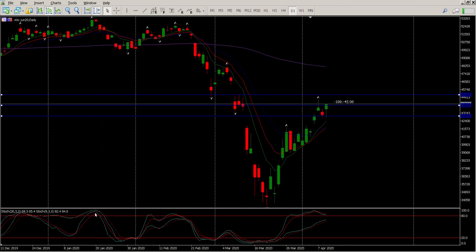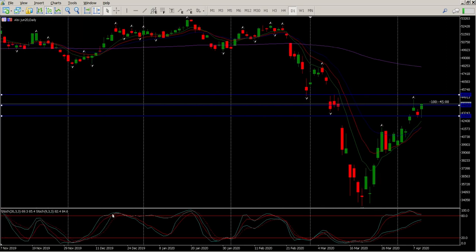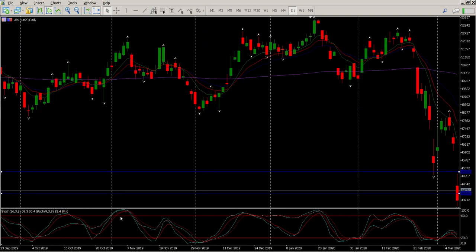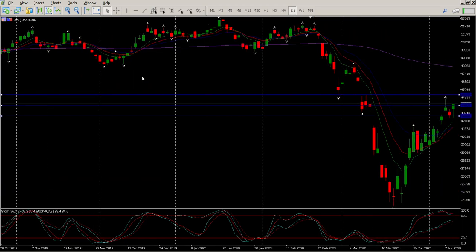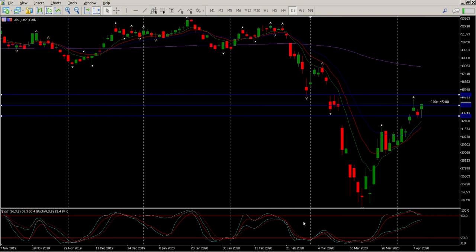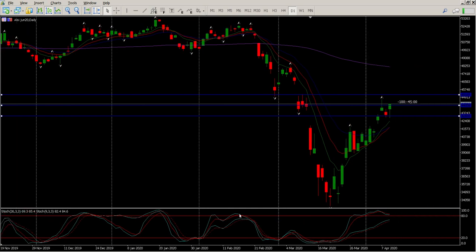Here's an example, another example, there is another example, and a good example as well. You can see every time the stochastics group like this, we have a move to the downside. At the start of this big downward move, you can see we crossed over, not that far apart, but apart. And look what's happening at the moment. Similar kind of setup.